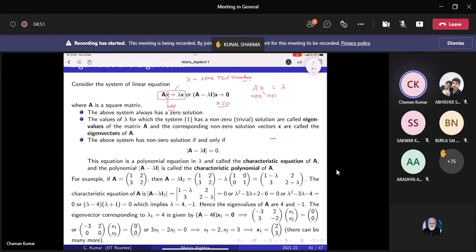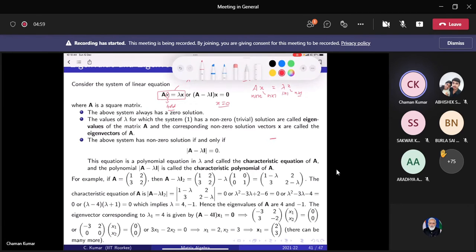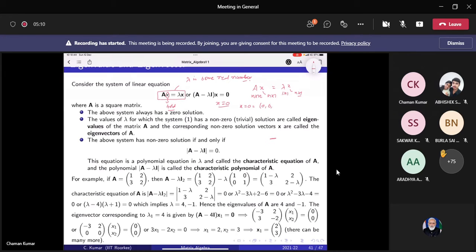Then a real number lambda, that means 1 cross 1, and x is n cross 1. So everything is in matrix notation. And when I say that x is equal to 0 is the solution, that means the vector 0, which consists of all the components as 0, this is the solution of this equation, always.